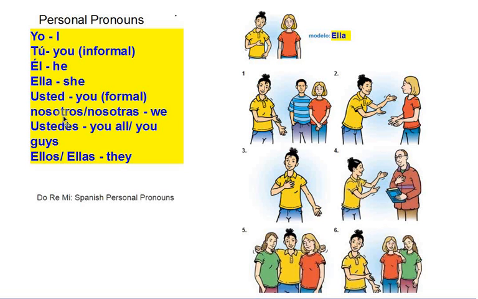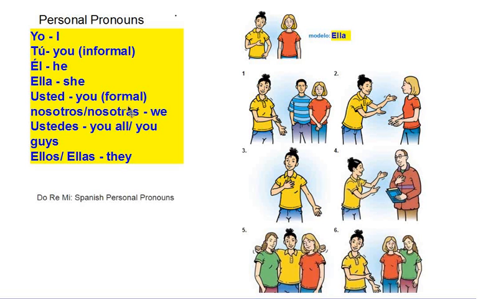So let's imagine, I'm a girl and I'm talking about myself and my husband, so I'm going to use nosotros because in this situation I have a mix of gender. But if my husband is talking about himself and his friends, he's also going to use nosotros because it's only boys. So that would be the masculine form of we, or when you have a mix of gender.